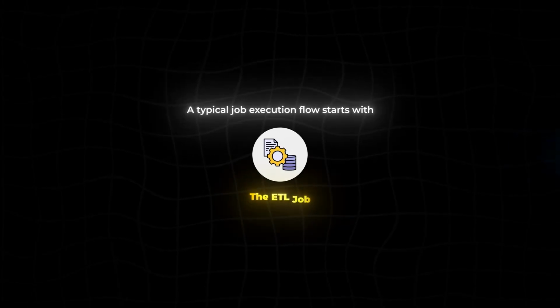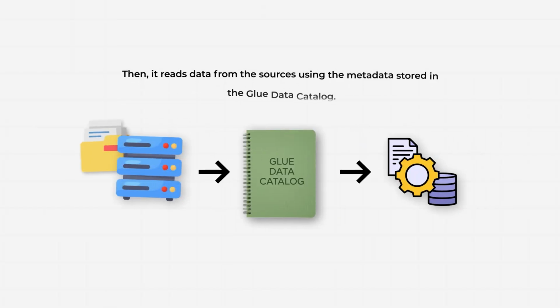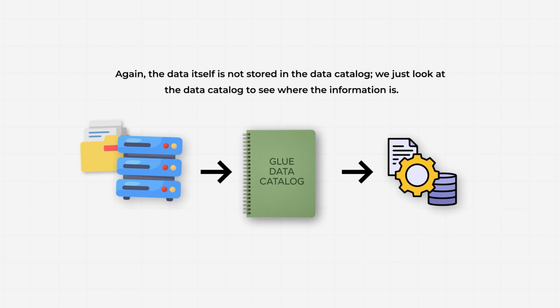A typical job execution flow starts with the ETL job creating a Spark environment. Then, it reads data from the sources using the metadata stored in the Glue data catalog. Again, the data itself is not stored in the data catalog, we just look at the data catalog to see where the information is.